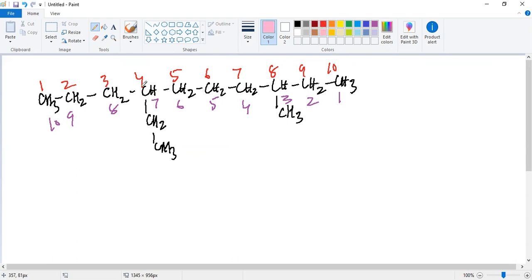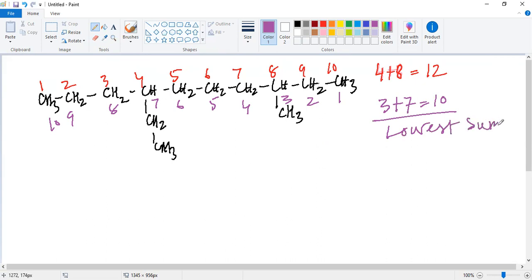So with the red one, the sum is 4 plus 8, that is 12. With the purple one, we will have 3 plus 7. That is going to be 10. So this is the lowest sum, and thus this way of numbering is correct.